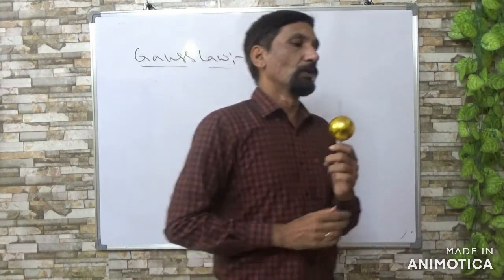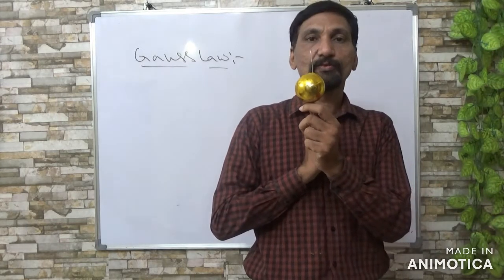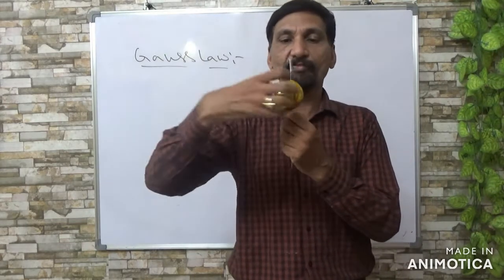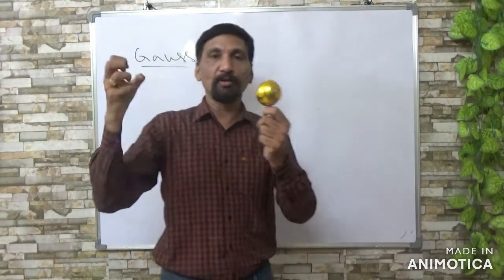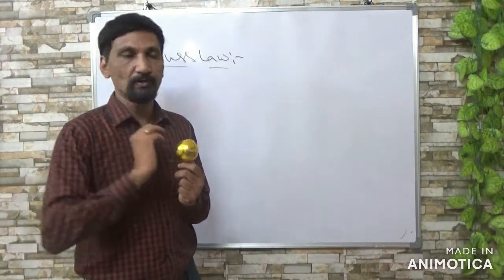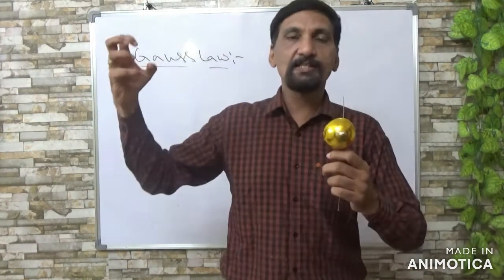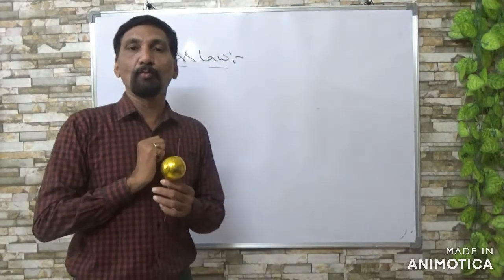You want to find the field strength due to this point charge, or the electric flux which is coming out from this point charge. How? Very simple. Gauss gave a technique to find flux through a charged body.